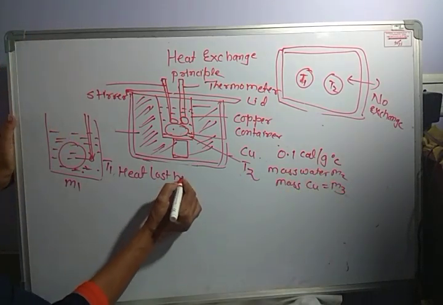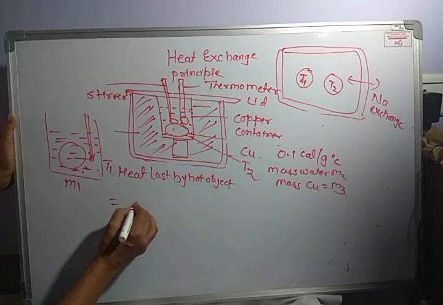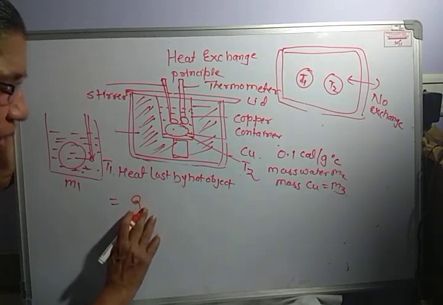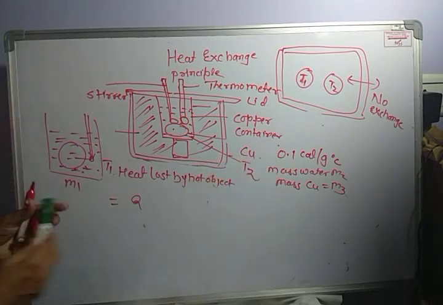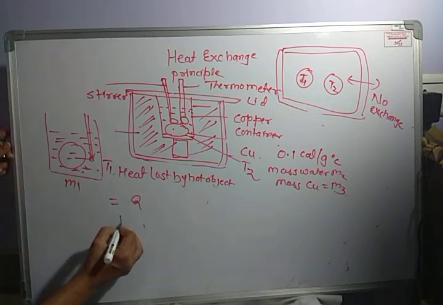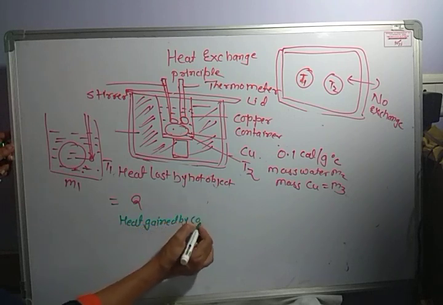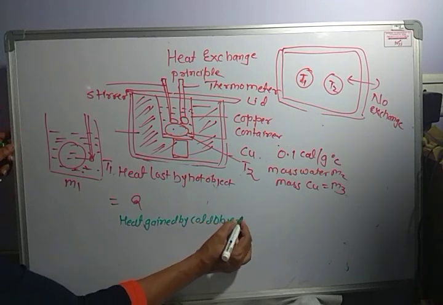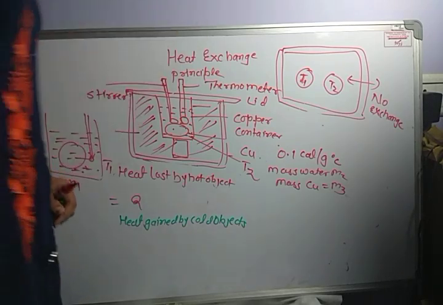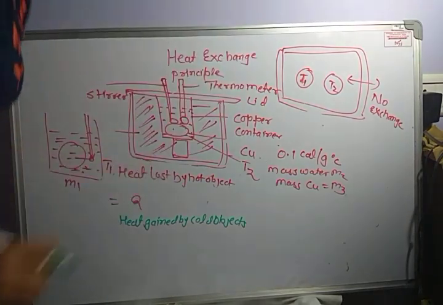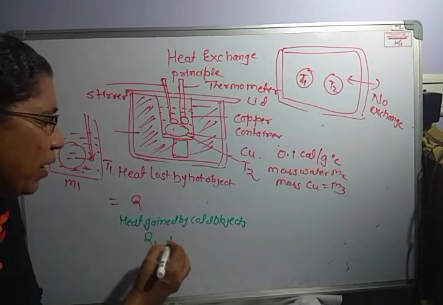So the heat lost by the hot object is Q, and the heat gained by cold objects is Q1 plus Q2.